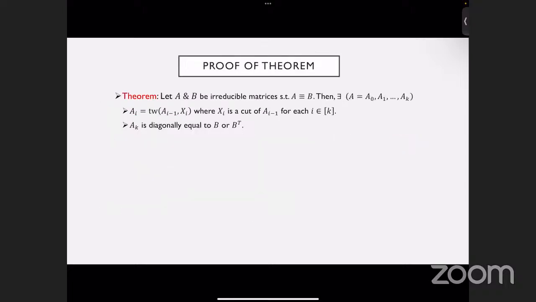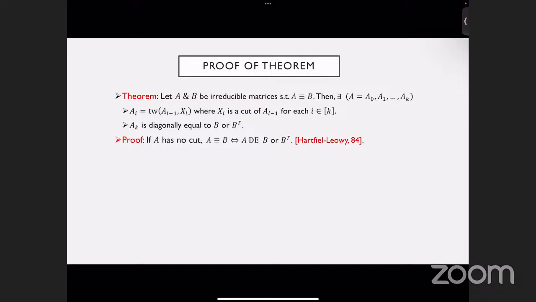Now we'll give a proof of this theorem. Here I am again reiterating the theorem, which says that if irreducible matrices A and B have the same principal minors, then there exists a sequence of matrices such that the ith matrix in the sequence is obtained by twisting its predecessor with some cut, and the final matrix is diagonally equal to B or its transpose.